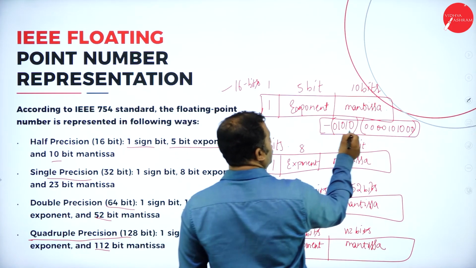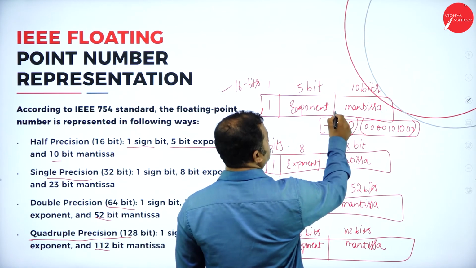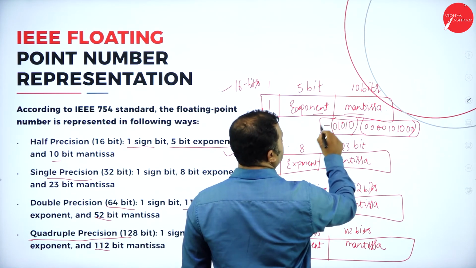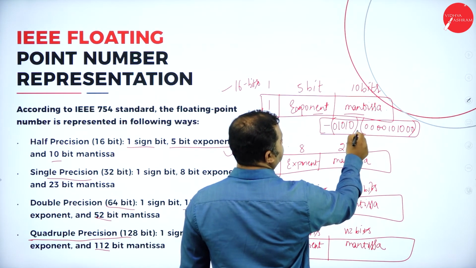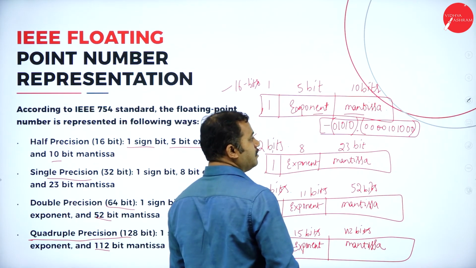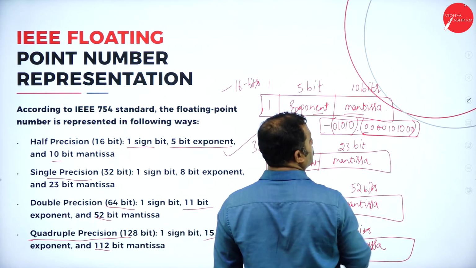After the decimal point, I have this value. Let me consider this as the exponent and mantissa, with a decimal point between them. I have to represent it in this form.